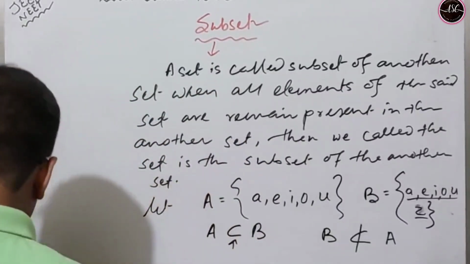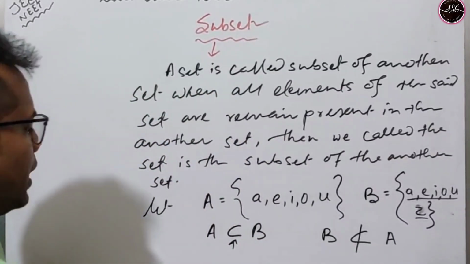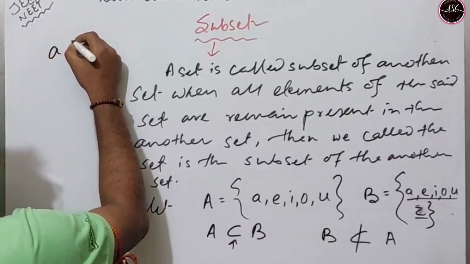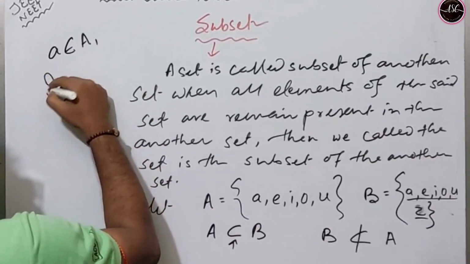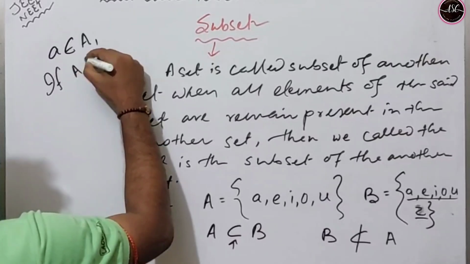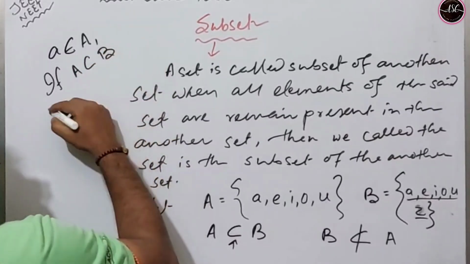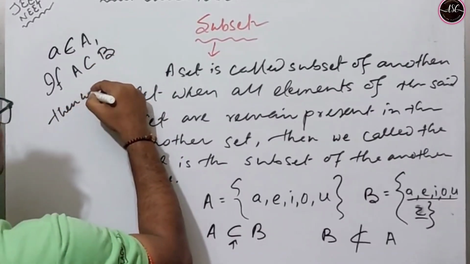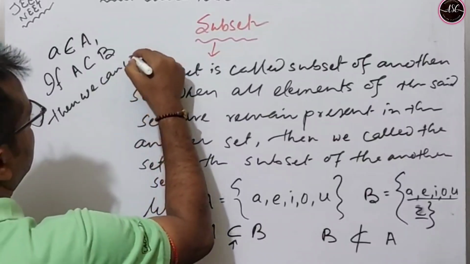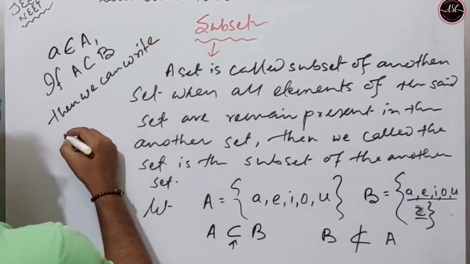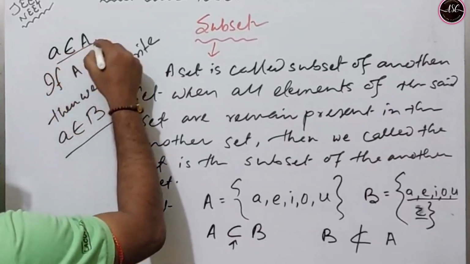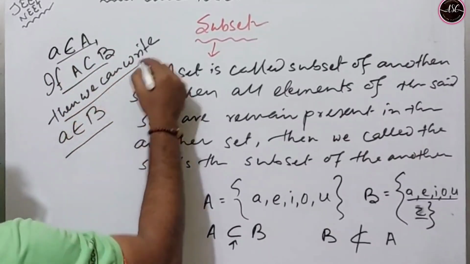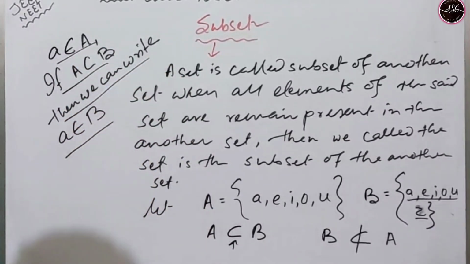Understand? So by this definition, if A is a subset of B, then we can write a belongs to B. This condition must be followed.